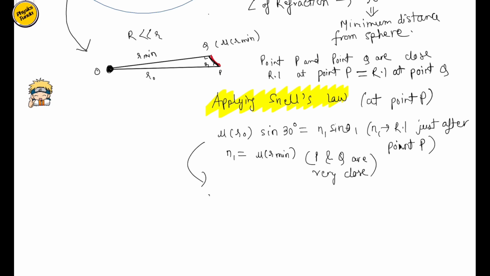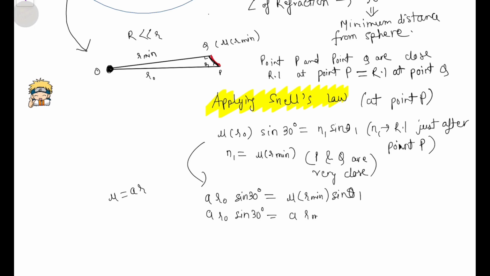Mu R naught can be written as A times R naught because my refractive index mu is equal to A times R. So A R naught times sine 30 degree is equal to mu of R minimum times sine theta 1, which is nothing but A times R naught sine 30 degree equals mu R minimum, which is A times R minimum, times sine theta 1. So A cancels. There are two variables, r minimum and sine theta 1. I have to find a relation.